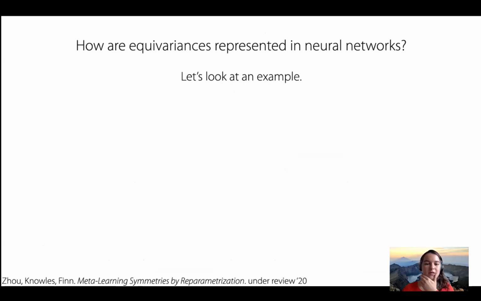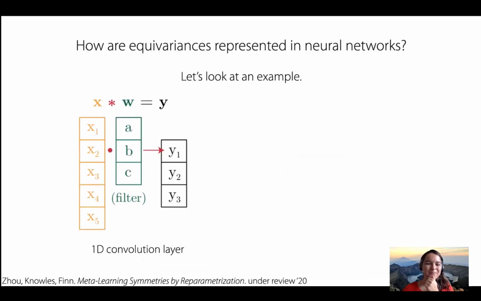To do this, let's look at an example. All of us should be pretty familiar with how convolutions work. In particular, here's a visualization of a 1D convolution layer, where the input X is convolved with a filter W to produce the output Y. The way this works is you take the dot product between the filter and the input, and you slide the filter across the input in order to produce the output.